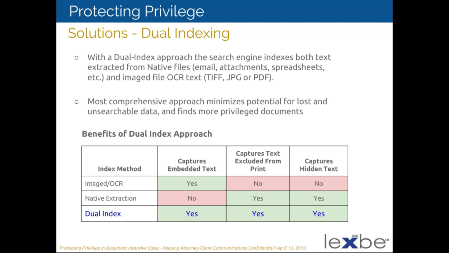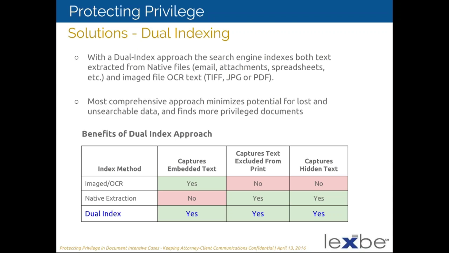And this, surprisingly to some that haven't worked in this before, can provide very different results, because the image version, whether that's being done to a PDF or TIFF, is going to be what would come out if you were to print the document. It's a virtual print, where the native extraction will pull what is in the native version of it, and those will have some significant differences.